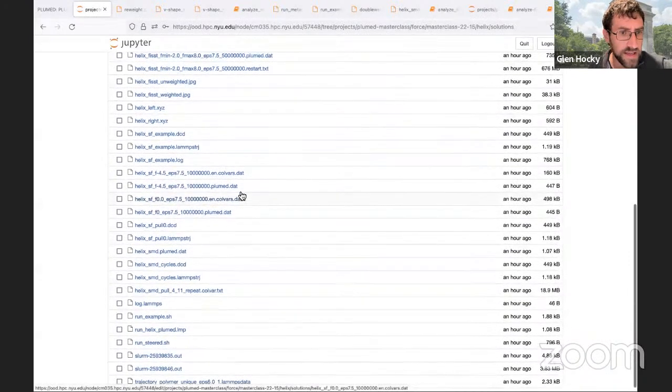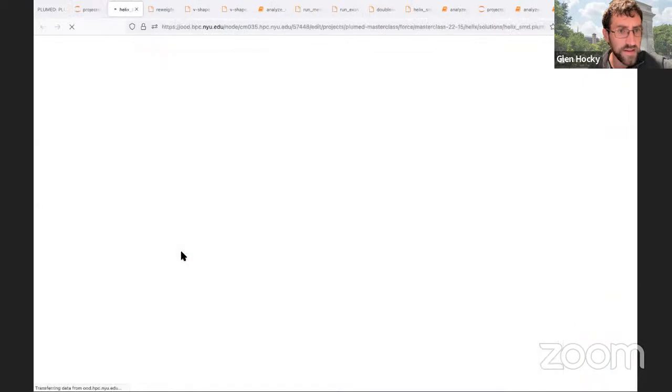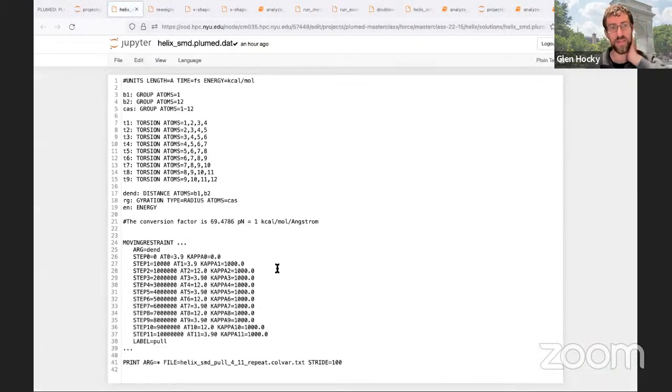So this is SMD, like the following. Using moving restraint and these nice features that everyone at PLUMED has implemented, you can start at the initial length and then equilibrate it with a certain, so basically I'm turning on the bias here, and then from here on out, I'm extending and compressing, extending and compressing.